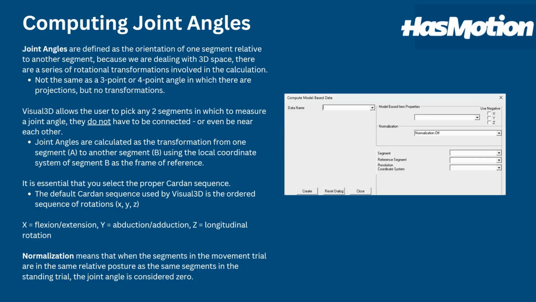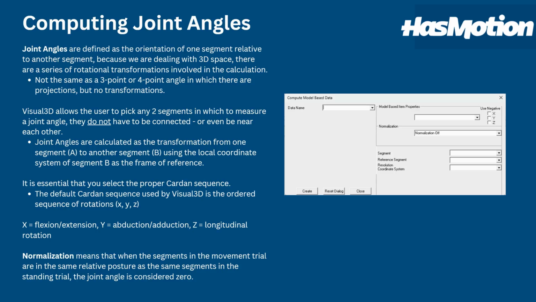One of the options for joint angles is to select normalization. This is not generally recommended, however. Normalization means that when the segments in the movement trial are in the same relative posture as the same segments in the standing trial, the joint angle is considered 0. The problem with the calculation of a normalized angle is that the standing posture and the movement trial should both be aligned with the laboratory axis.